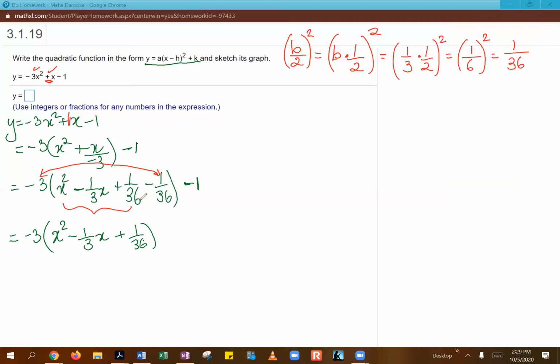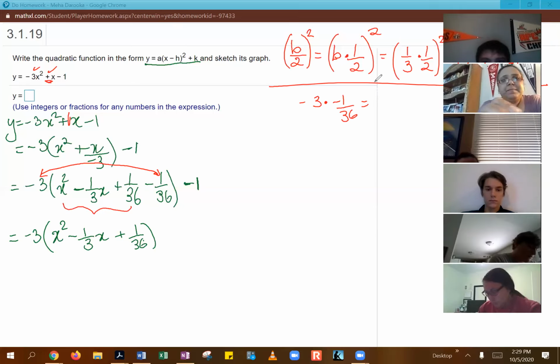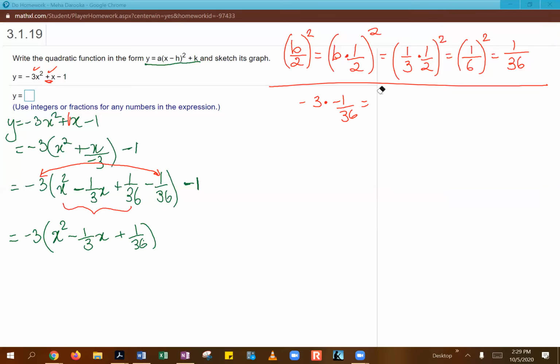And now we will be multiplying, let's see, -3 with -1/36. And what do you think this will clean up into? Okay, let's see. So you have, very nice, Nathan, James, and Lowell, 1/12.